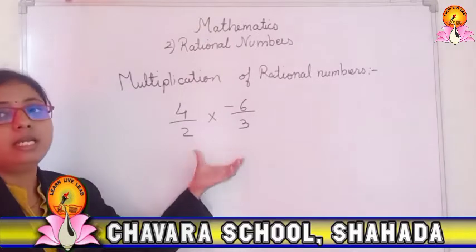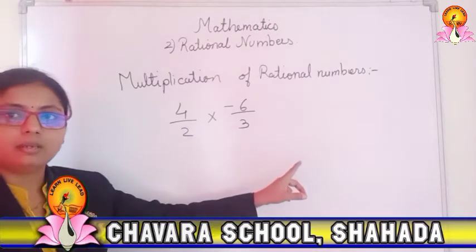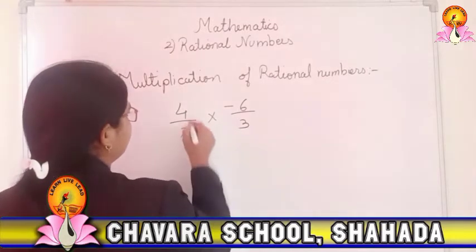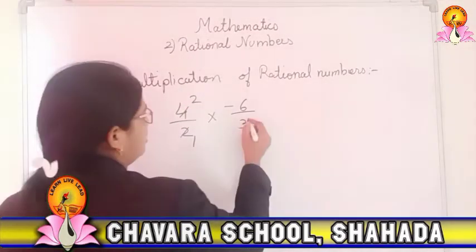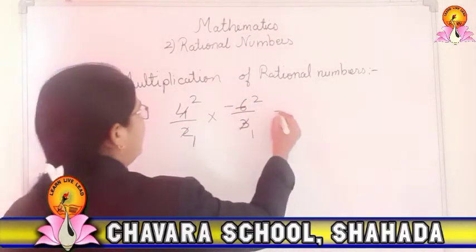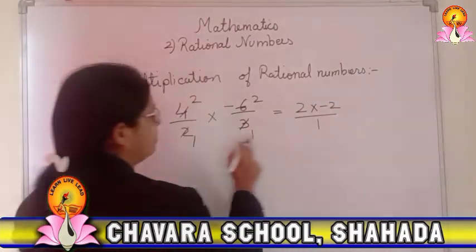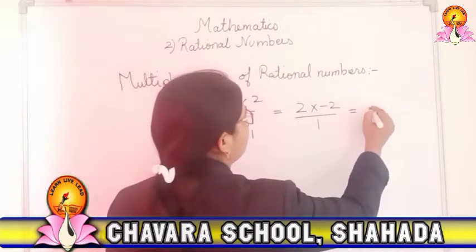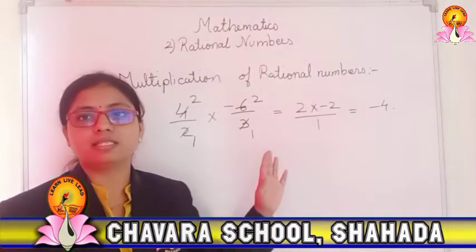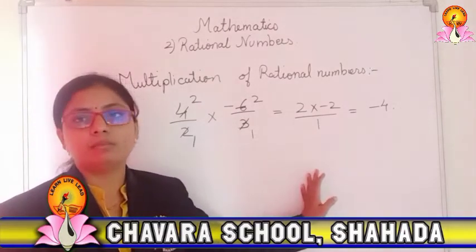And if possible, if it can be simplified, then you can simplify it first and afterwards multiply. So here 2 ones are 2, 2 twos are 4, 3 ones are 3, 3 twos are 6. Like that we can simplify, and then at last we will get 2 multiplied by negative 2, and downside is 1 multiplied by 1, that is 1. So it will be negative 4. So you have to pay attention to the sign. According to whatever sign is given, you write the answer.